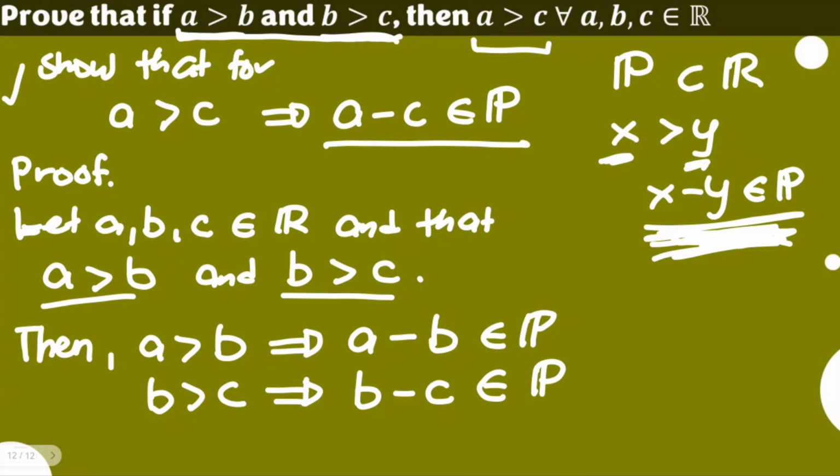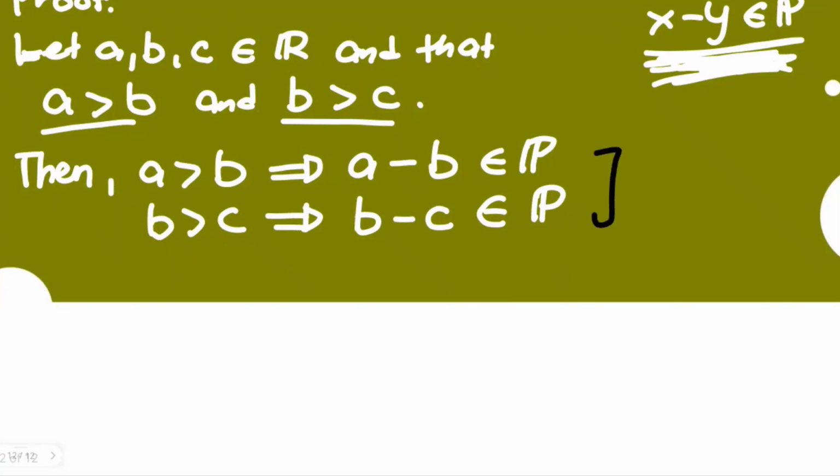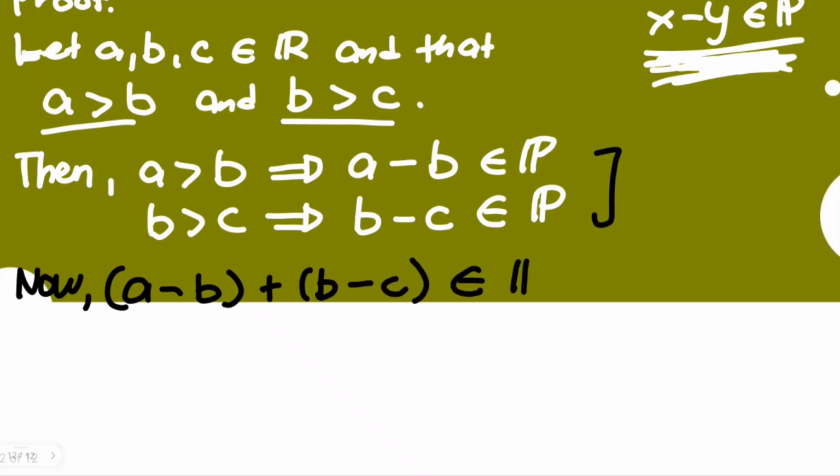Now, what if we add both of them? Let me change the color to black. What if we add these two statements? If we add A minus B plus B minus C, is it still an element of positive real numbers?